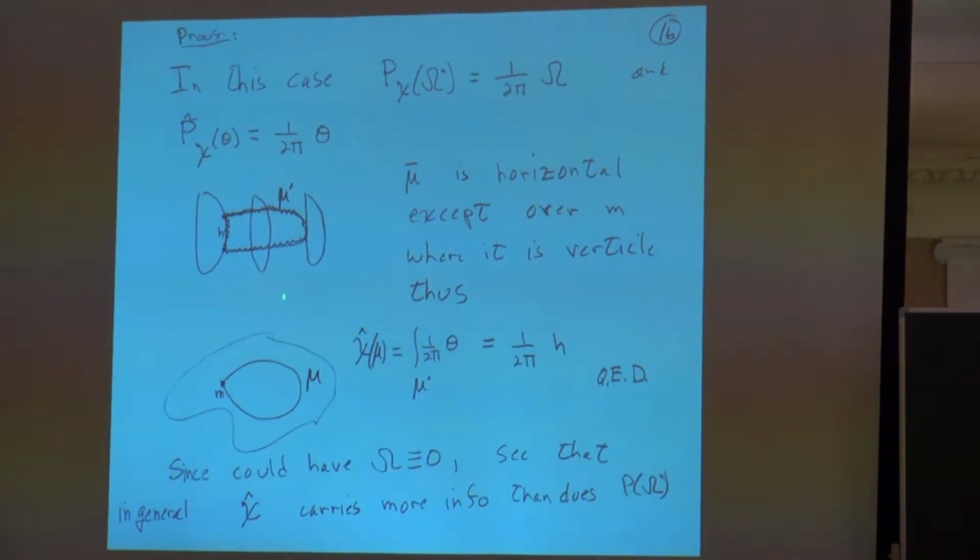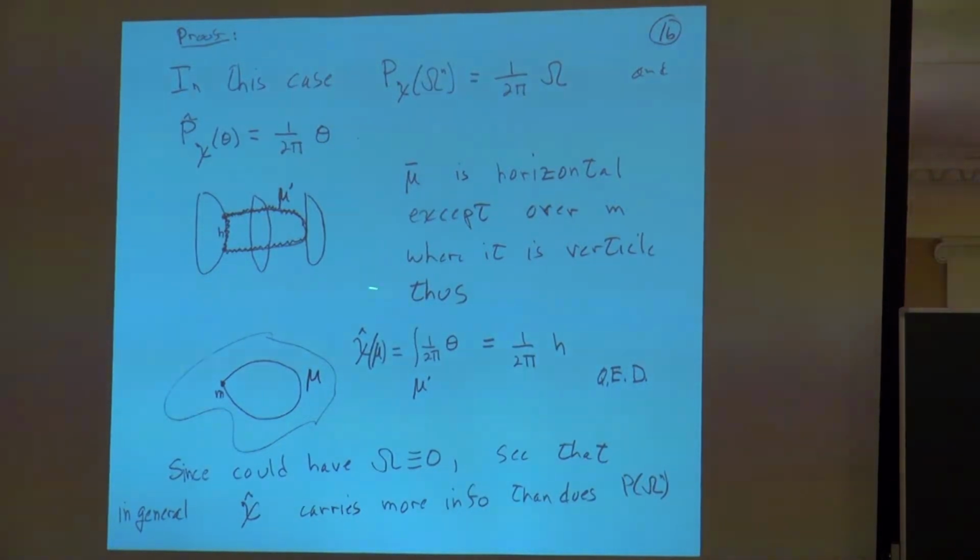So now I'll take a closed curve down here, and I'll attempt to lift it up to a horizontal curve up here, because I'm going to parallel translate all around. So here's the curve upstairs. It goes around and around. It comes back to the same fiber it started from, but it's gone through this twist. So it doesn't come back to the same place on the fiber, because the holonomy in general is non-trivial.